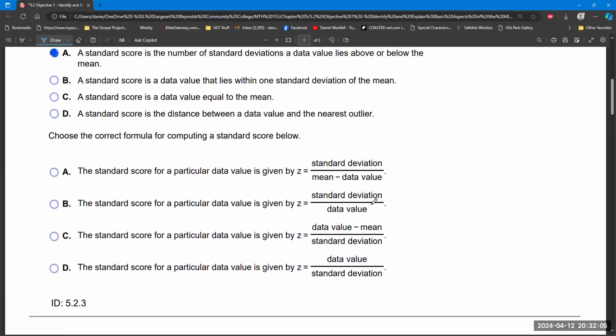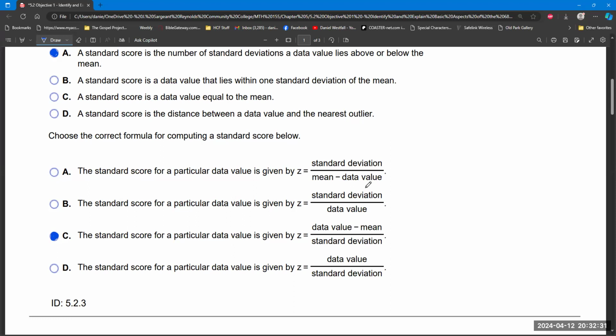And we calculate the z-score by finding the distance the data value is away from the mean. If it's less than the mean, it's to the left and it's going to be negative, and that's okay. And we divide by the standard deviation. So it's this distance here converted into a number of standard deviations away from the mean.